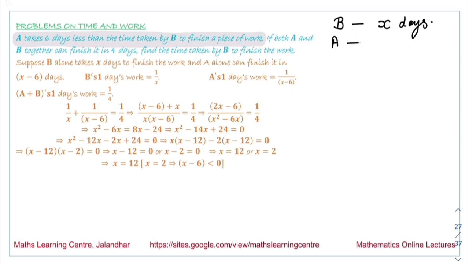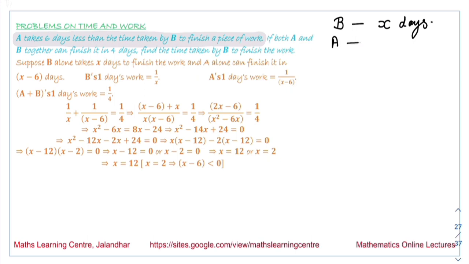So the part of the work done in 1 day is equal to 1 by 4. So 1 by x plus 1 by x minus 6, that is the part of the work done by A and B in 1 day, is equal to 1 by 4.